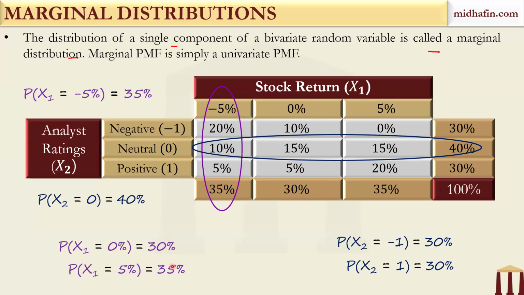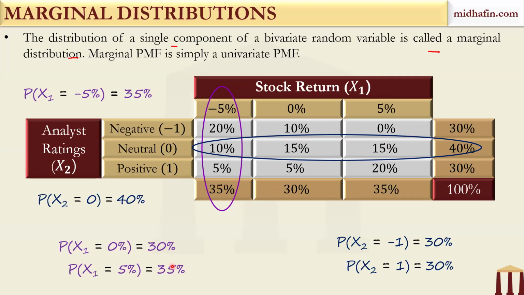Just like in a throw of a dice, only six outcomes are possible. If you add the probabilities of all those six outcomes, what will you get? Total probability, which is one, 100%. If you add the probabilities of all the individual outcomes, you'll get 100%.